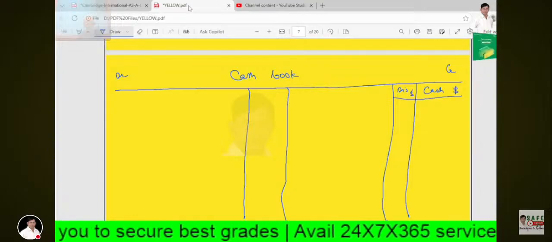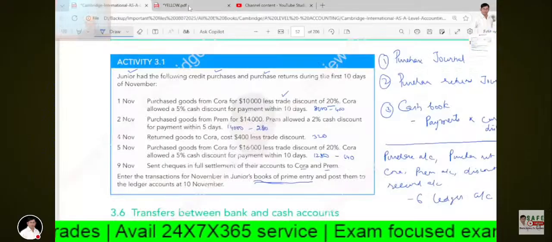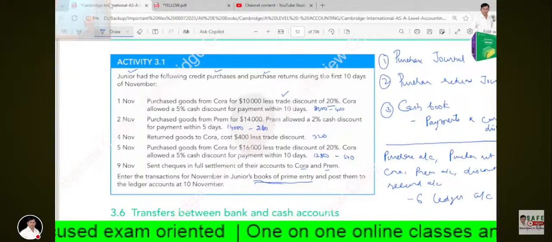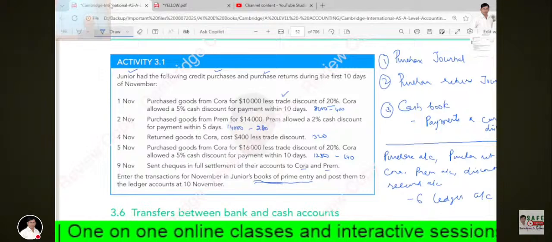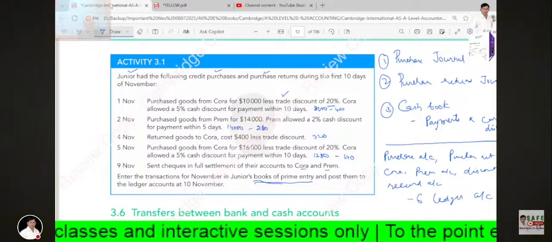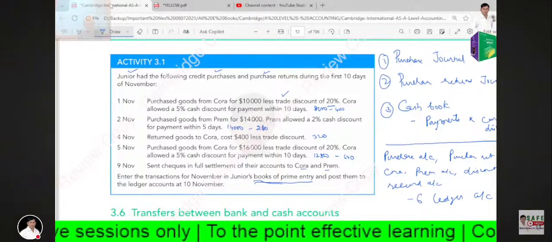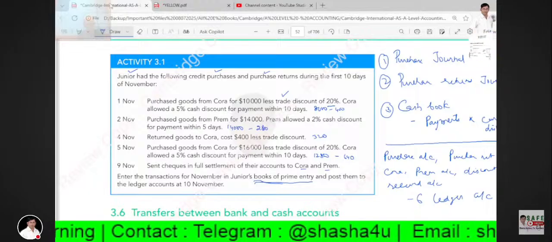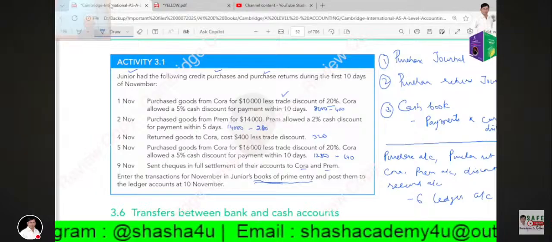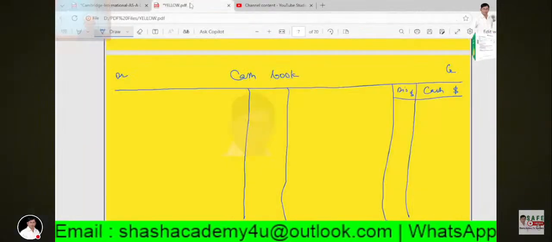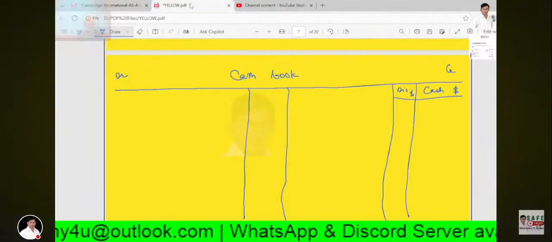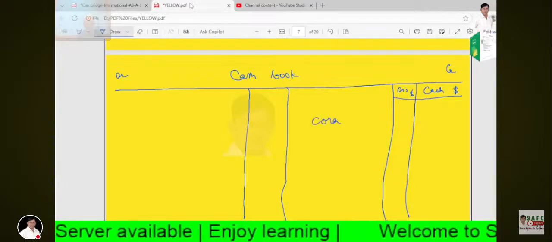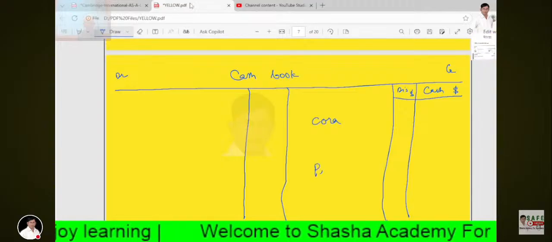So first, what is happening here? We have purchased, no cash transaction. Checks sent in full settlement of their account to Cora and Frame. So we have paid Cora and Frame.